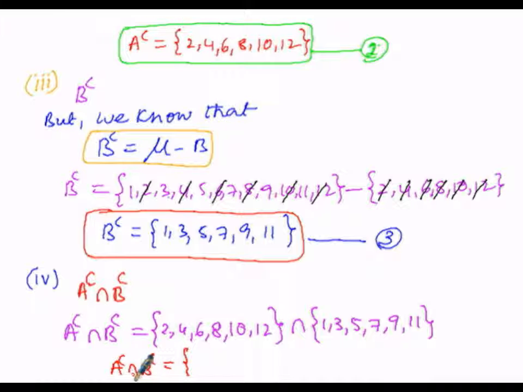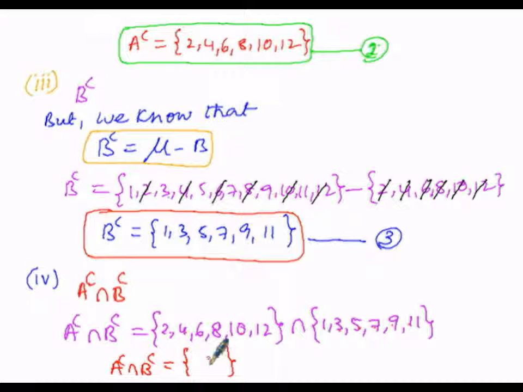Intersection is nothing but the elements present in both sets, that is A complement as well as B complement. 2, 4, 6, 8, 10, 12 are the elements of A complement, but they are not present in the other set. 1, 3, 5, 7, 9, 11 are the elements of B complement, but they are not occurring in the first set. So none of the elements is common here, therefore we can write it as empty.